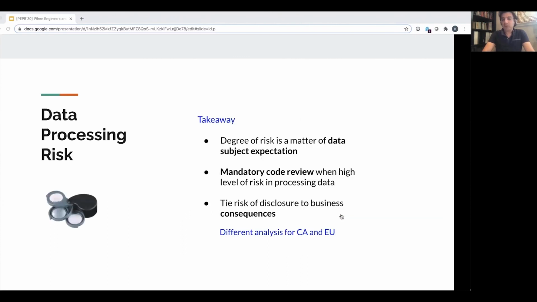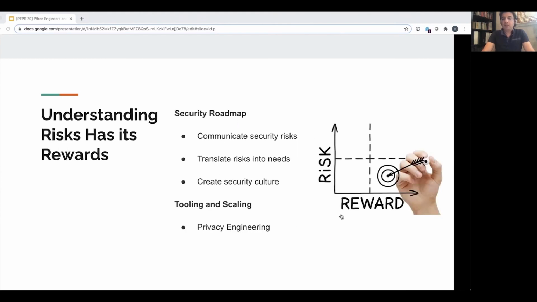So our final takeaway is that focusing on data processing risks helps guide breach mitigation and response. Tying the risk of disclosure back to the business consequences should drive prioritization of the security agenda. But also keep in mind the analysis changes in California, and both cases will be equal priority. It's worth noting that if you understand the risks, you will reap the rewards.